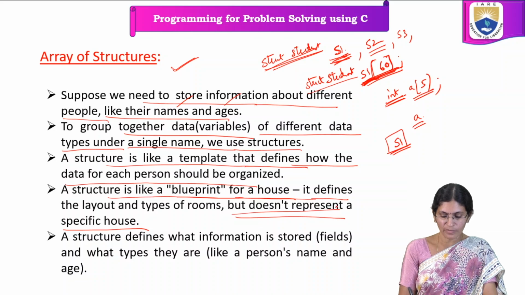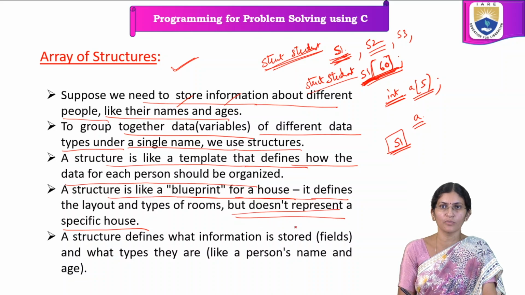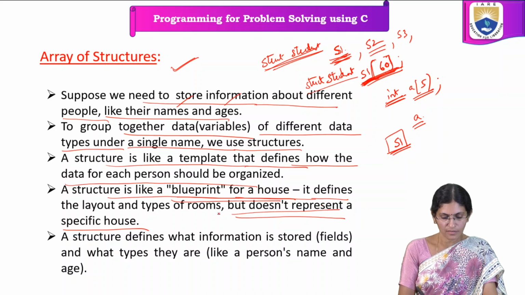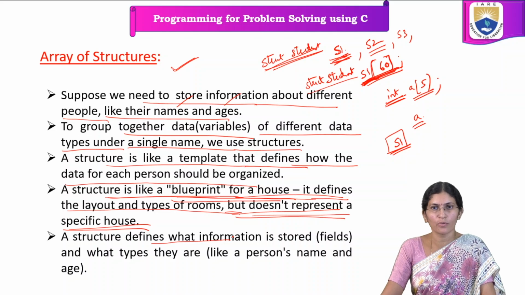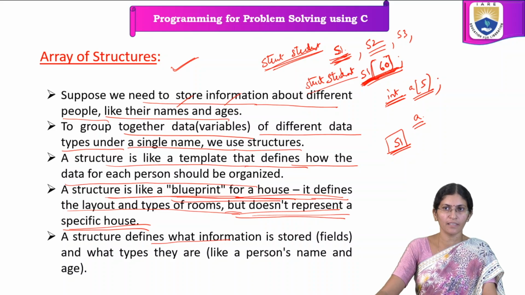Similarly, unless you actually construct a house, you cannot realize it. A structure is like a blueprint for a house. It defines the layout and types of rooms but doesn't represent a specific house. A structure defines what information is stored and what types they are.